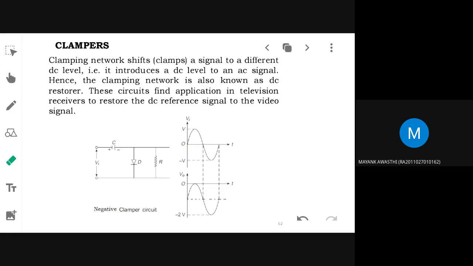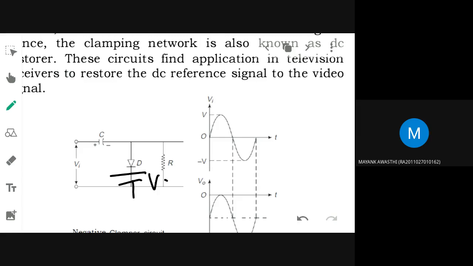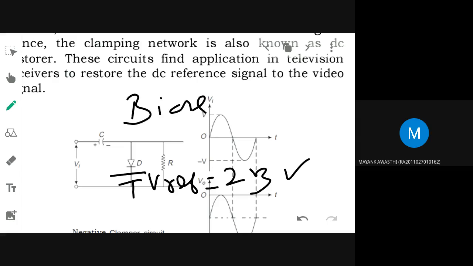If you are giving some value, if you are giving an RPS here, and setting V reference equal to 2 or 3, whichever may be the case, then it becomes a biased negative clamper. Here it will be negative and here it will be positive.